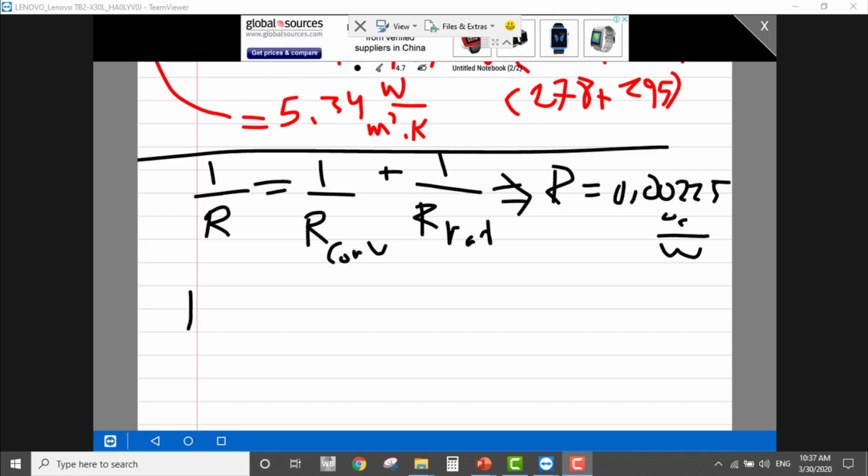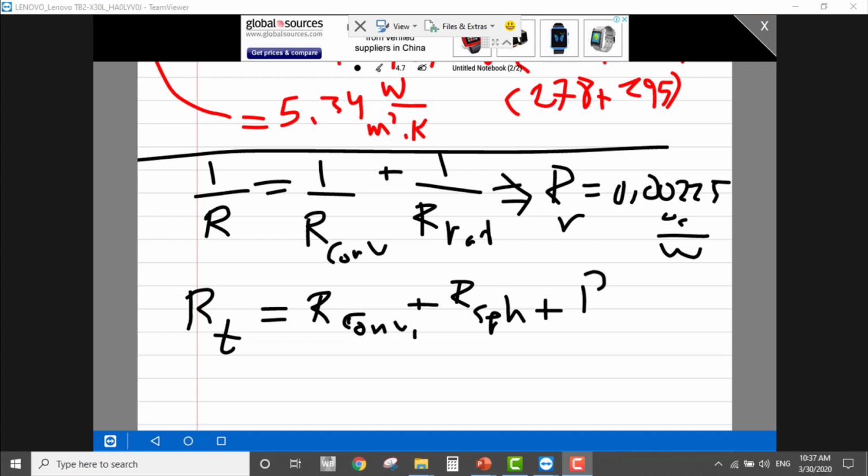Okay, so R total equals R convection 1 plus R spherical plus R resultant. Let me name it R resultant. And this is equal to 0.00274 degrees Celsius per watt.